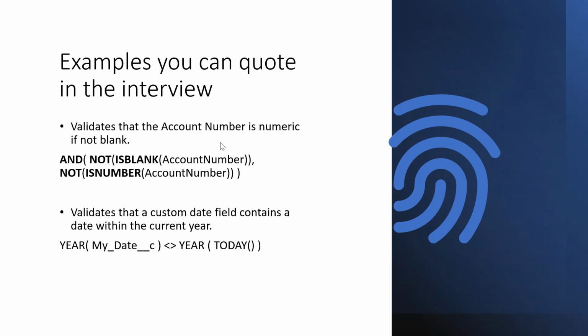So this is the custom field that you have created, my date, and the year function will return the year, and if it is not equal to the year of today's date, then it will display an error message on the UI, right?